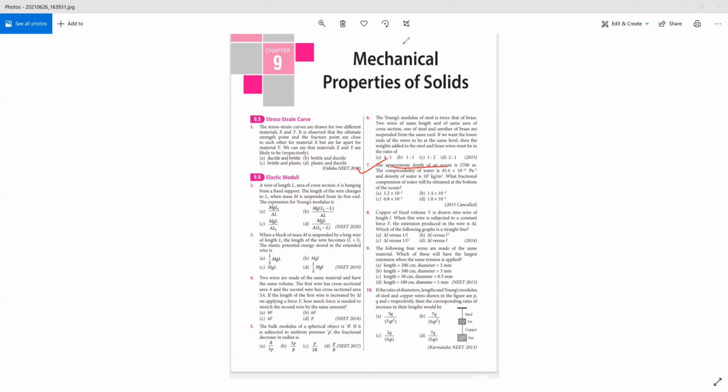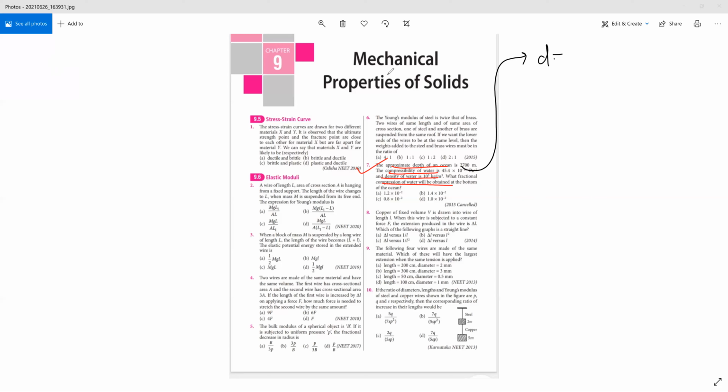Seventh one, the approximate depth of ocean is 2,700 meters. Compressibility of water is 45.4 into 10 to the power of minus 11 per Pascal. Density of water is 10 to the power of 3 kg per meter cube. What is the fractional compression of water that will be obtained at the bottom of the ocean? So seventh one, we shall see.